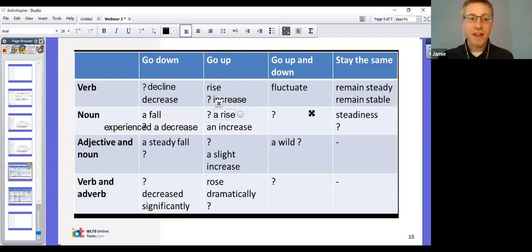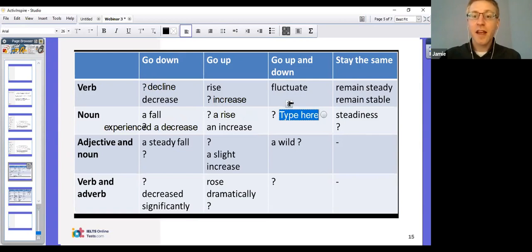If we want to say it goes up or down, up and down, a noun, instead of a verb rather, for fluctuate. Very good, Rania. Experienced a fluctuation over the time period. Exactly.